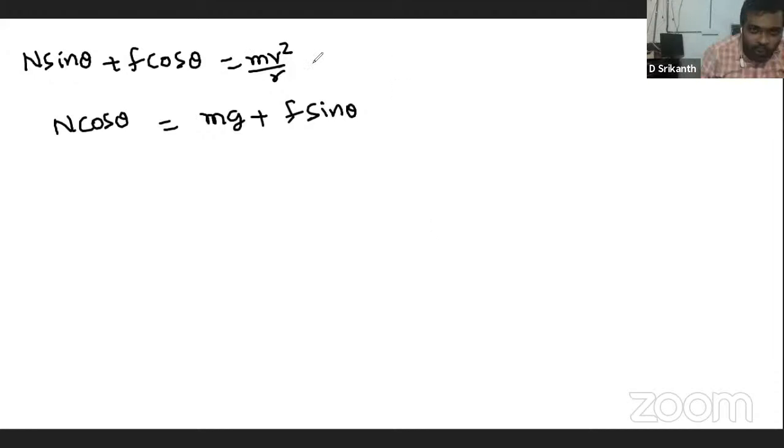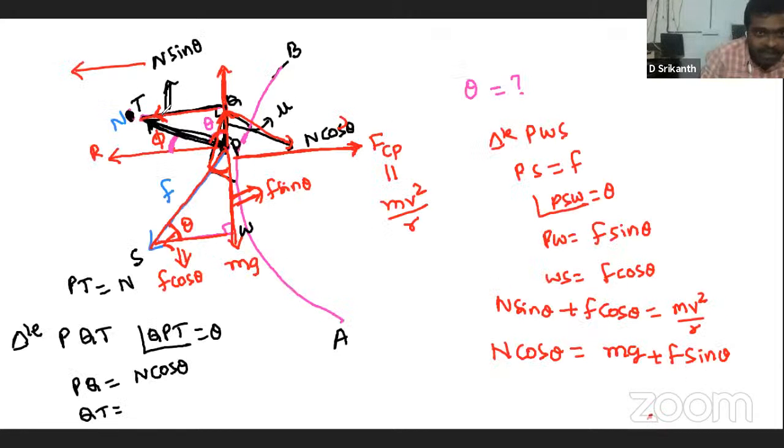Okay, then look here, in these two equations, N sin theta is the horizontal component with respect to the normal force. That is, the horizontal component of the normal force and this one of the frictional force. Here it is theta, and here it is theta. The angle between the frictional force and the normal force is 90 degrees.